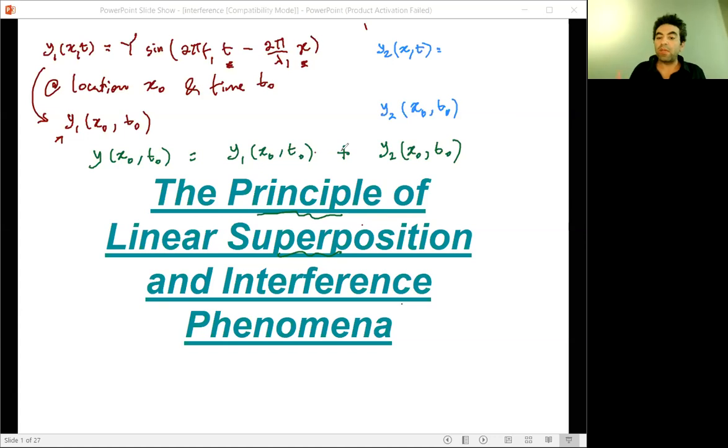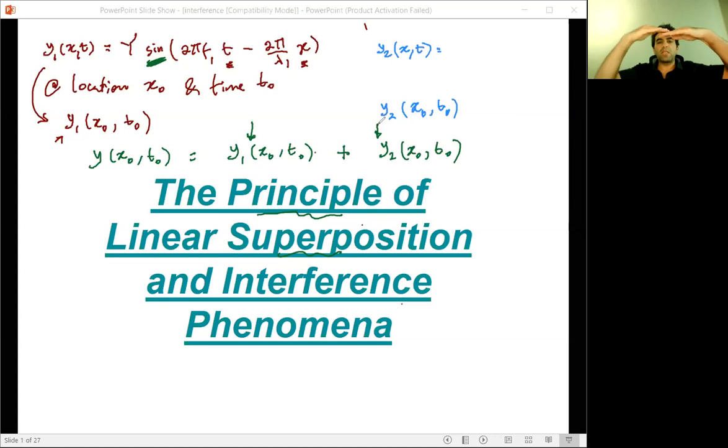Now, this will give you some really interesting phenomena because the sine function could be positive or negative. The sine function that describes each wave could be positive or negative.